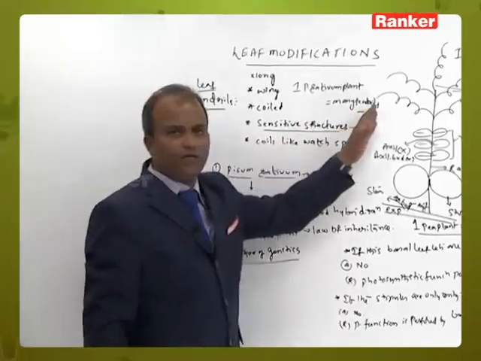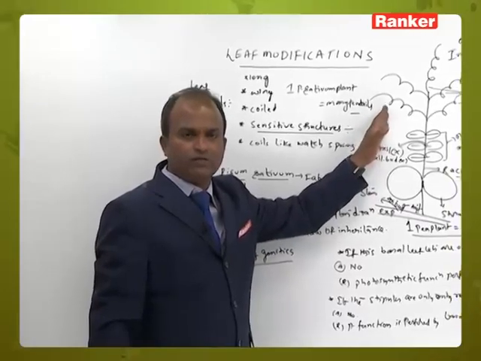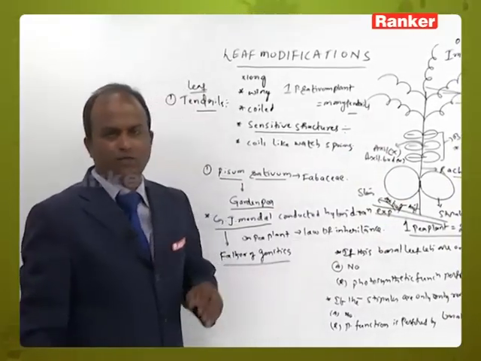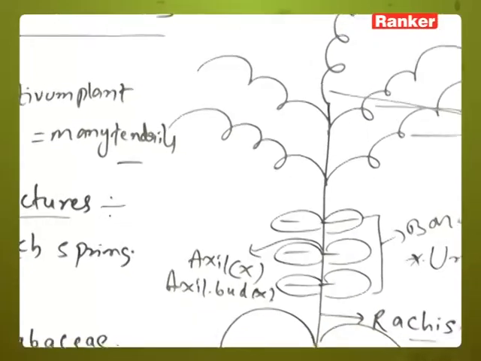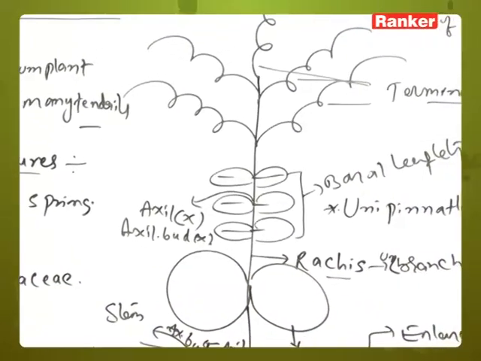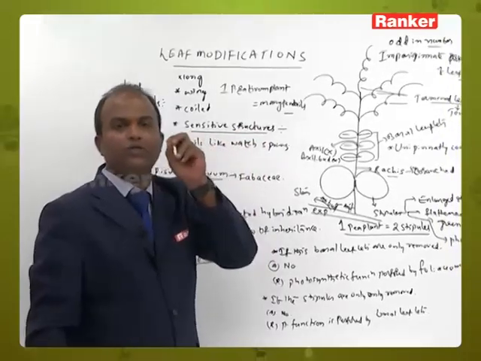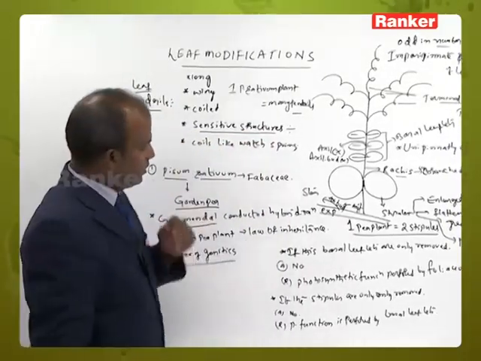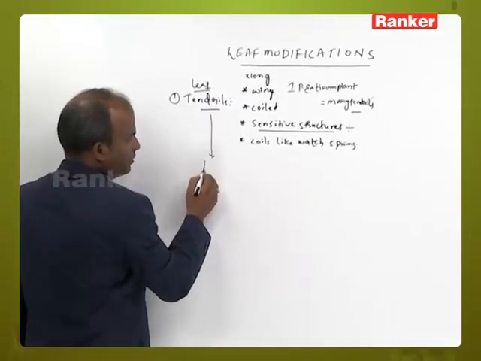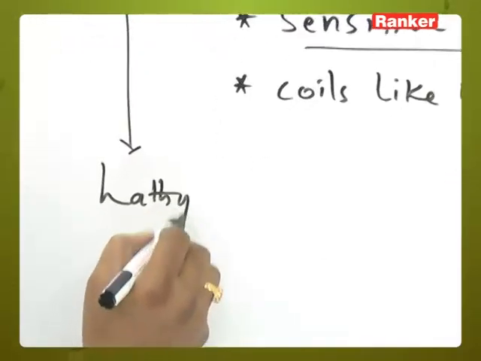Which leaflets are modified into tendrils? Are the basal leaflets modified into tendrils? No, the basal leaflets are not modified into tendrils, but the terminal leaflets are modified into tendrils. And what is another example for this leaf tendril? That is Lathyrus sativus.